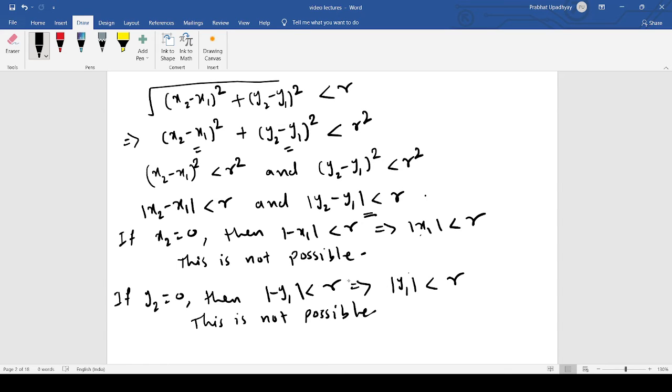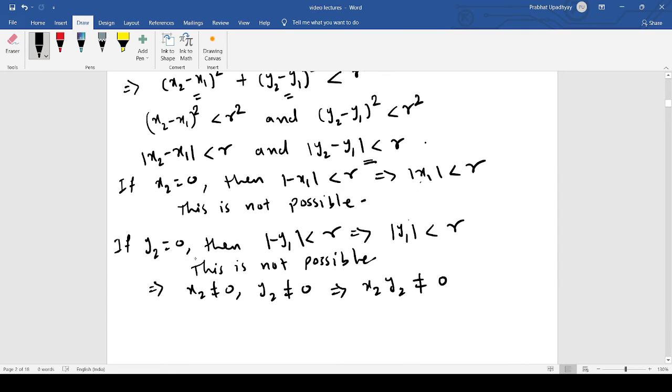Therefore, this is not possible. So what will it imply? x2 is not equal to 0 as well as y2 is not equal to 0. That means it will imply the product x2 y2 is not equal to 0. And this will imply your point Q with coordinates x2, y2 belongs to f complement.